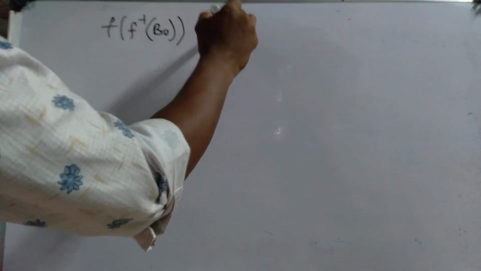Okay, which problem is this? f of f inverse of B0 is a subset of B0.